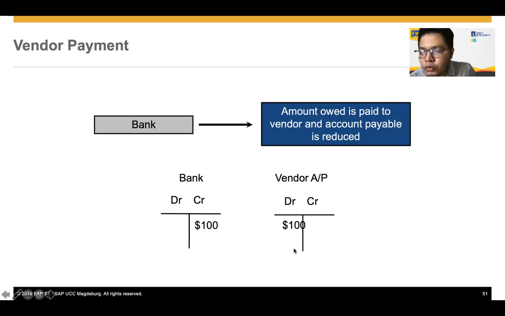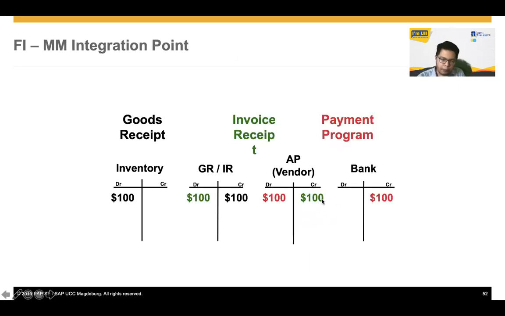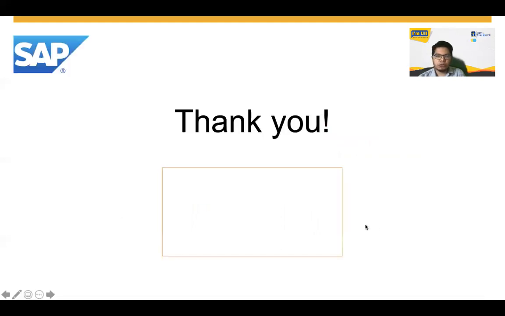There is a movement of cash from the bank to the vendor. So: goods receipt, invoice receipt, payment program. There are several steps. After we receive the goods receipt, our inventory will increase, but the cash is reduced.